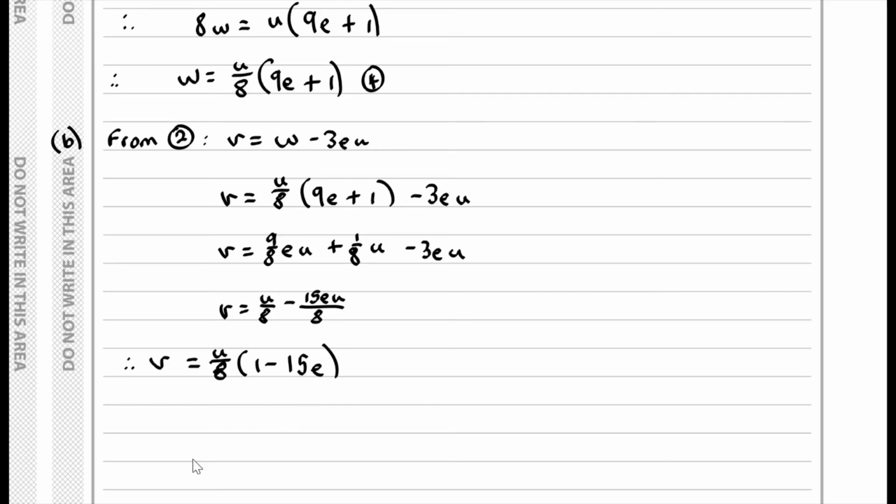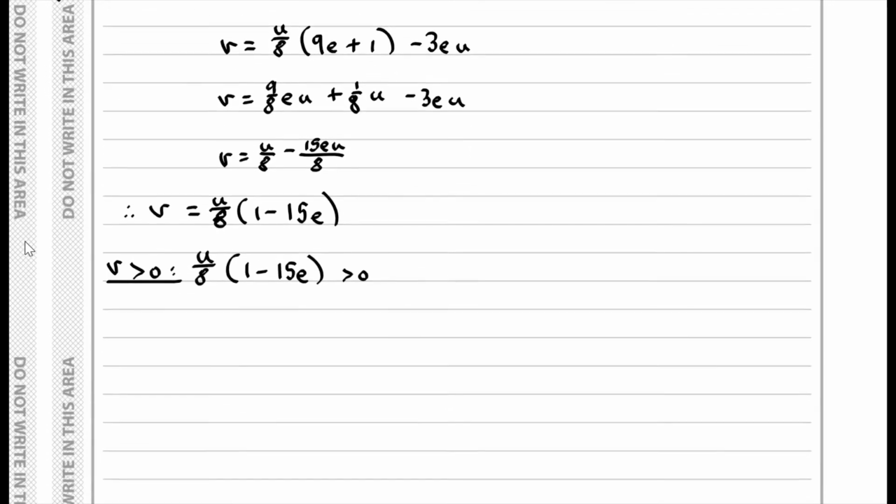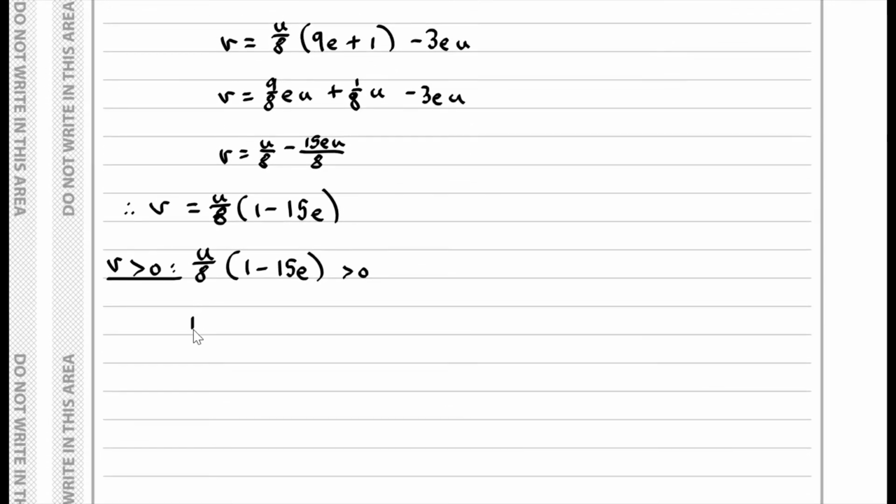Okay, and using that condition of V being greater than 0, we have U over 8 lots of 1 minus 15E being greater than 0, and therefore you'd see that 15E is less than 1, and therefore E is less than 1 over 15.